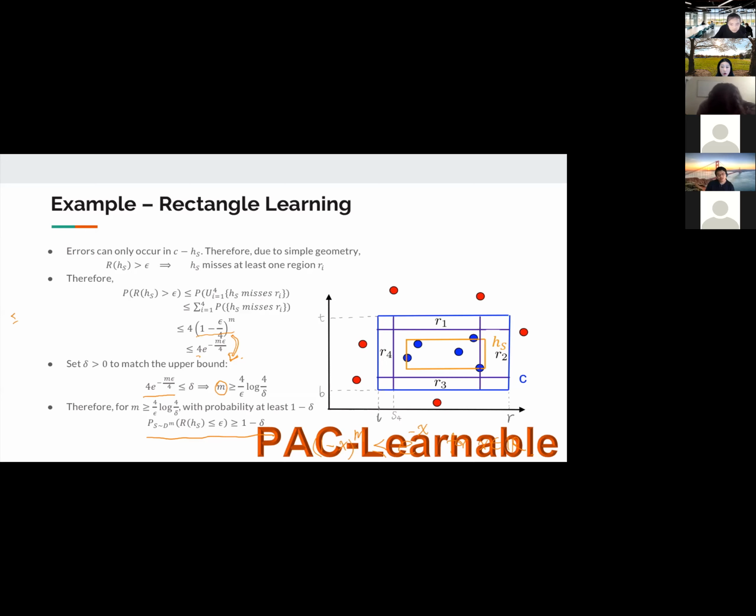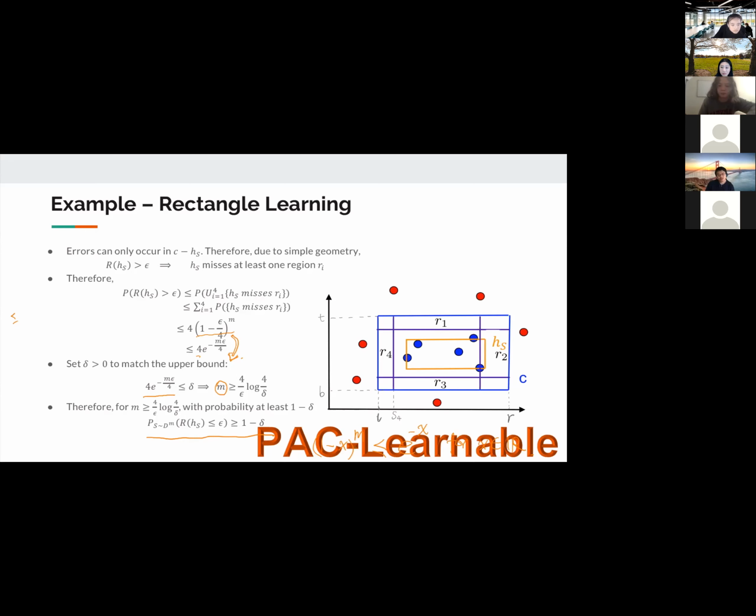For example, if you are within the rectangle, it's still labeled as 0, or if you're outside of the rectangle, it's still labeled as 1. We haven't considered that. And also, we haven't said that this is the algorithm that would achieve the most favorable sample complexity, meaning the algorithm that requires the least number of examples to achieve this PAC, probably approximately correct. Okay, all right, thanks.